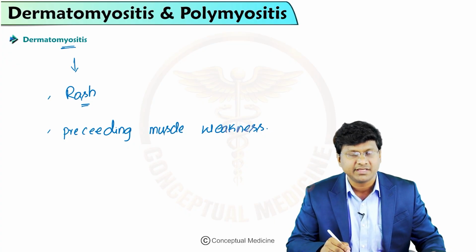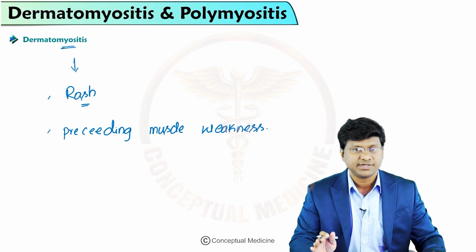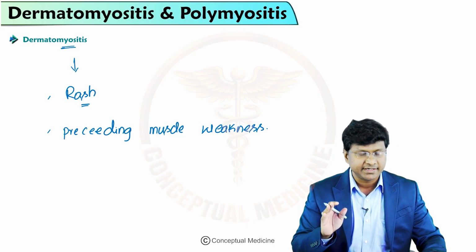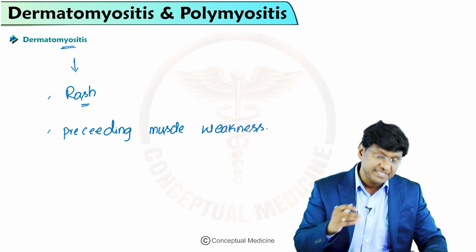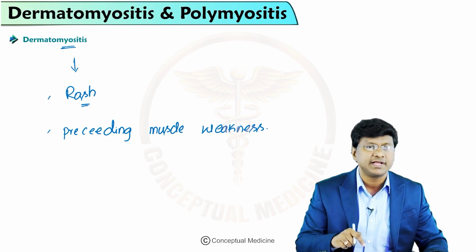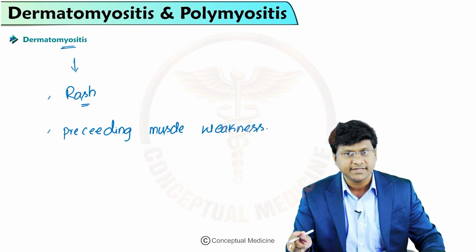That is what you will have in case of dermatomyositis, right? So it is identified by a characteristic rash accompanying, more often, a preceding muscle weakness, but along with the rash you may not have the muscle weakness, right?